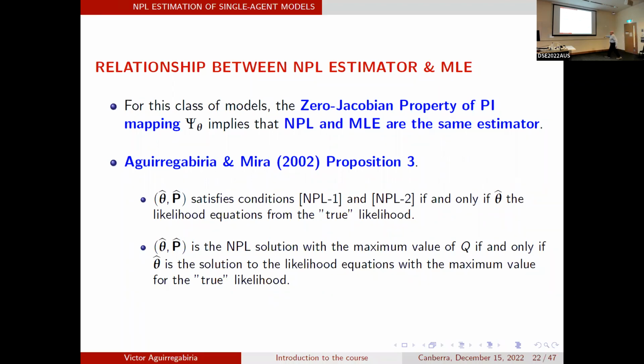Well, this second statement says that if theta and p satisfy these two conditions and are the values with the maximum likelihood, then theta is the solution of the likelihood equation that gives us the maximum value of the true likelihood. Putting these two expressions together, the two estimators are exactly the same estimator.